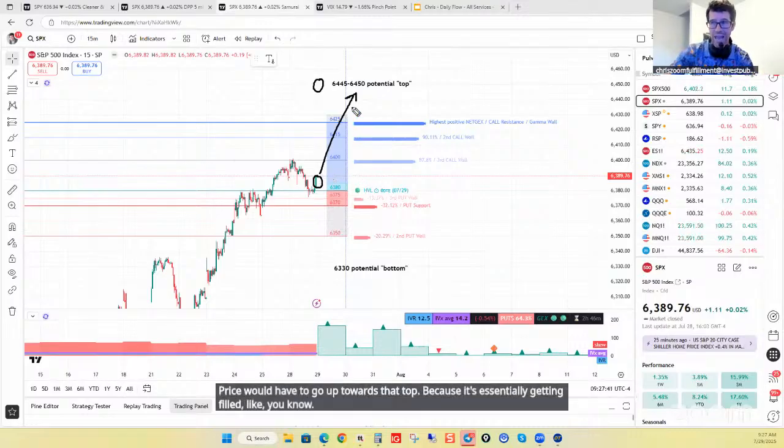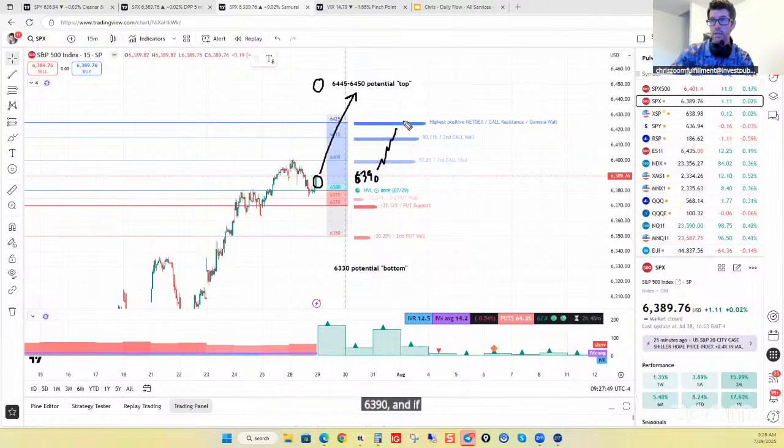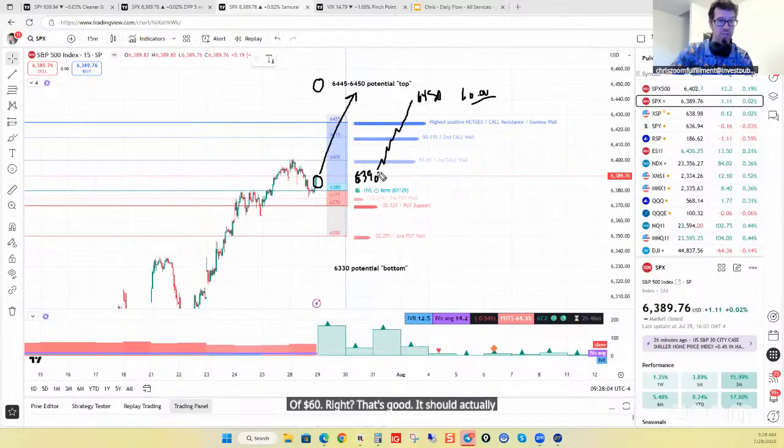If you're at the money, you want to see this trade at 50 or 60, it'd be 63.90. And if price is trading at 64.50, that should be a real value trade. That's the intrinsic value of $60, right? That's good. It should actually show a $60 position.